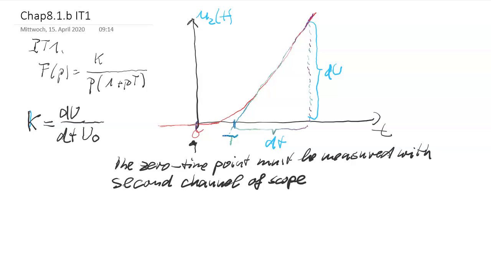Most scopes can trigger on this step signal, and then automatically the time base is set to 0 at the trigger point.